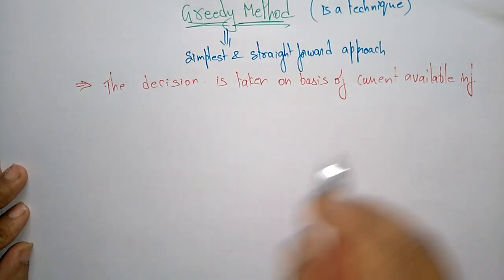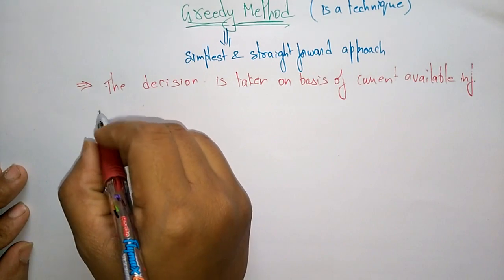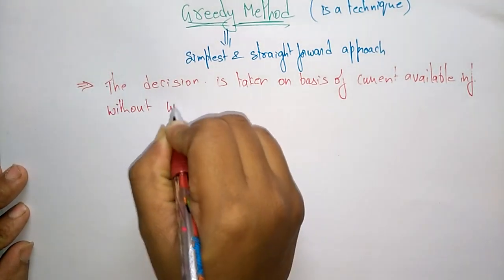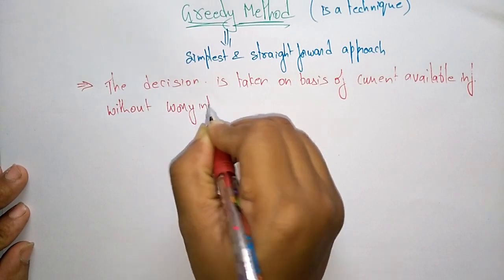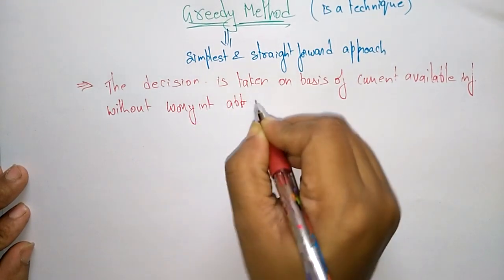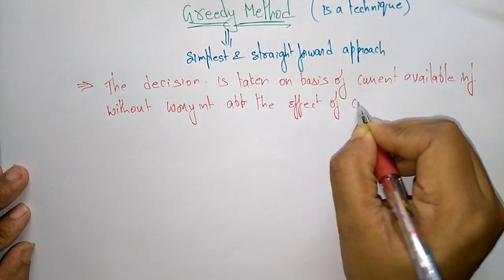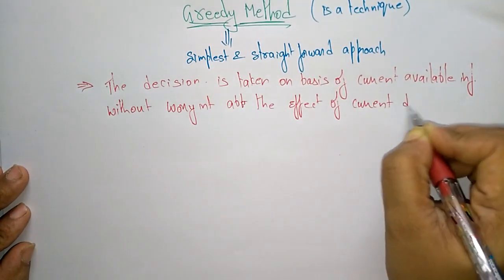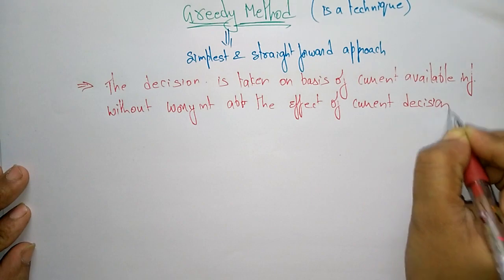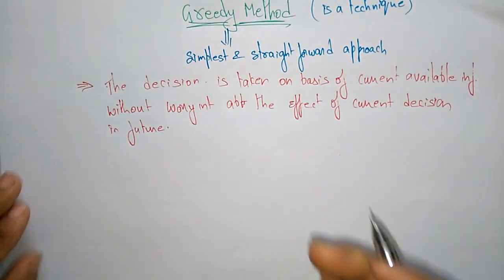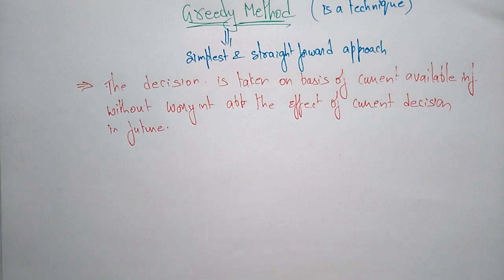And it works without worrying about the effect of the current decision in future. It doesn't bother about future work. It just considers the present work that is going on.